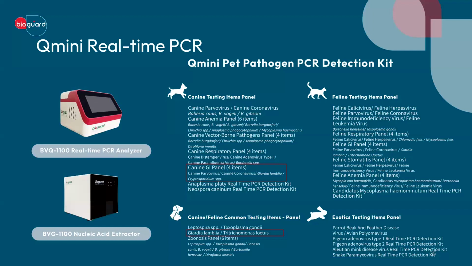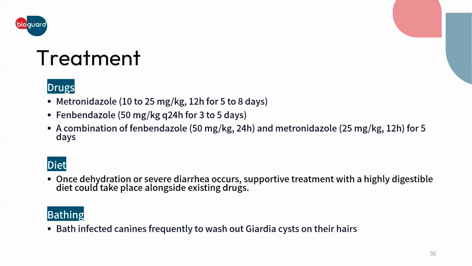You can see the combination of the canine gastrointestinal panel as well as the canine feline single panel, where you can detect Giardia as well as gastrointestinal pathogens directly through real-time PCR. So both the techniques that we are providing through our products will give you a surety of the presence of the infection of Giardia in the dog.